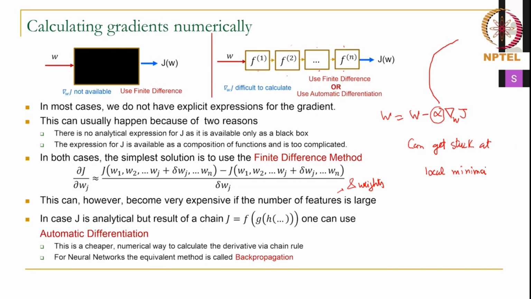It's a square function, and its shape is like this. Only one minimum. In 3D, its shape is like this. It looks like a parabola. So these are what are called convex optimization problems. In case of convex optimization problems, you will not get stuck in local minima because the local minimum is the global minimum. Otherwise, there is no guarantee whatsoever.